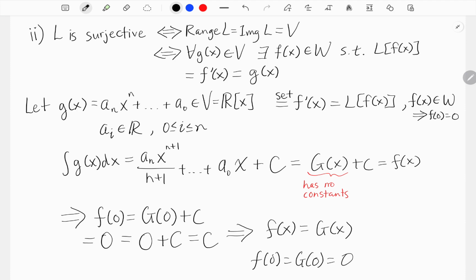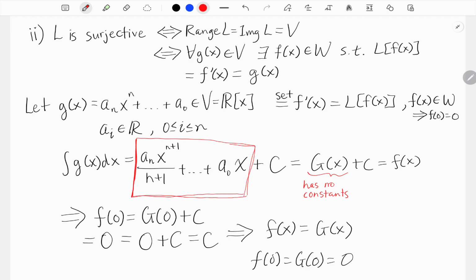I could do that. So essentially, you give me any g of x in my codomain, I will find you an f of x in my domain where f of x is just equal to this. Because this is in W, right?